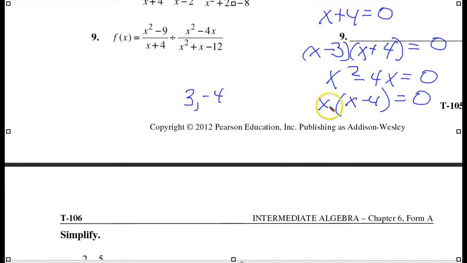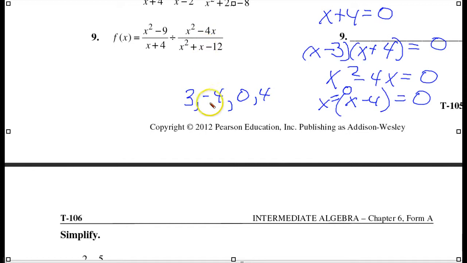So we also have this one. Well, this is going to be equal to 0. So we can't have a 0 there. And this is going to be a +4. So x then would be any number, but cannot be these four: a 3, a -4, a 0, or a +4.